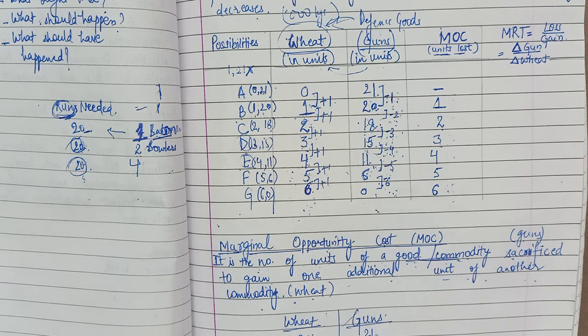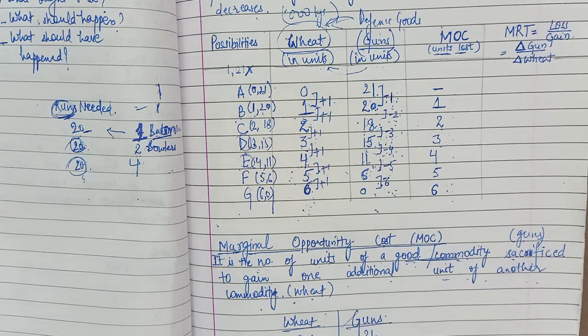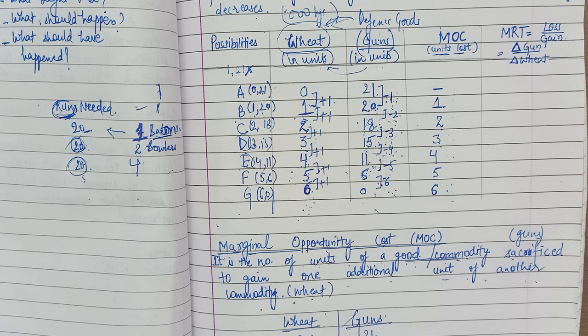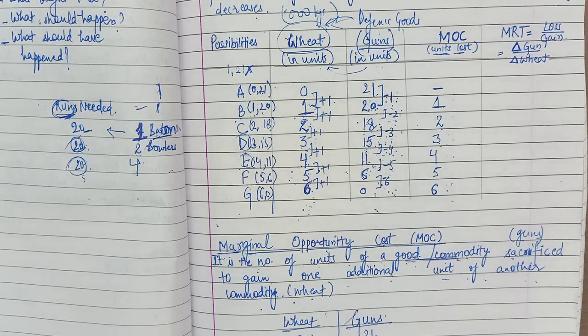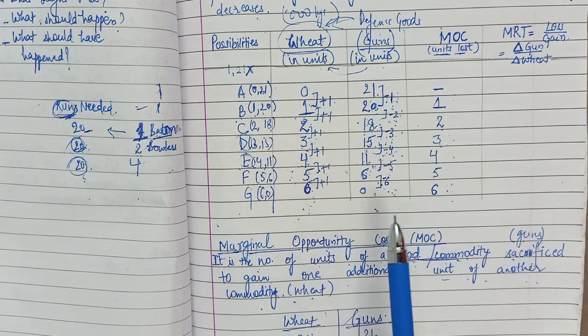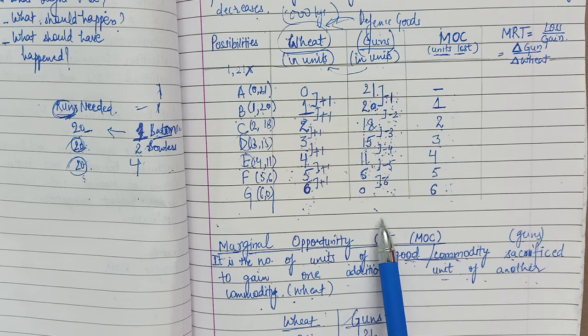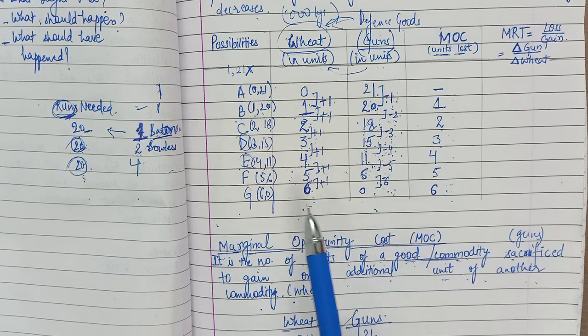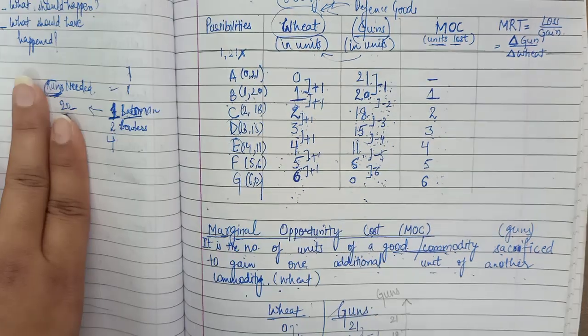So there will be a reduction in the timings for other classes, because the total time available was fixed. Other classes which were happening for half an hour are now, let us suppose, happening for 20 minutes. Similarly, because resources are fixed, if we are producing more wheat, we have to produce less of the other good, because the same resources have to be used in the production of wheat.